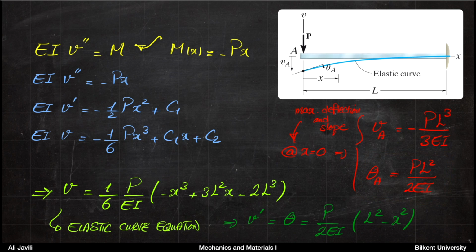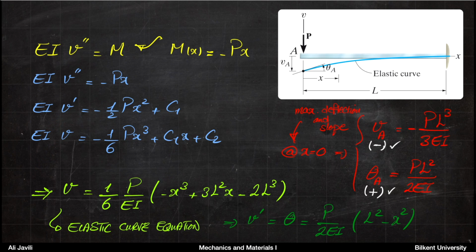Pay attention that the angle has a power of L squared and deflection has a power of L cubed, which makes sense because deflection is in meters and the angle is dimensionless, so it's one dimension less in meters.